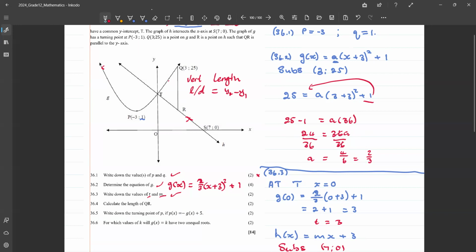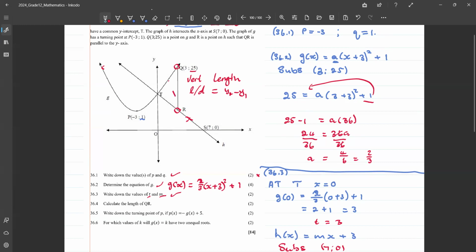Now, the beautiful thing is that we already know our y2, it's 25, because that y2 is on the quadratic equation. We just need to know what y1 is down here. So it's the y value on the straight line with the same x of 3.